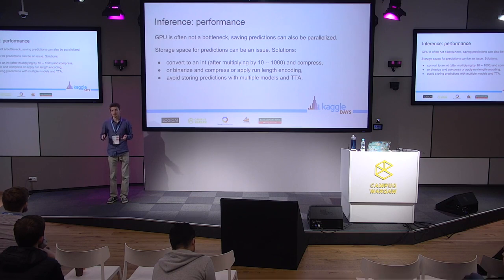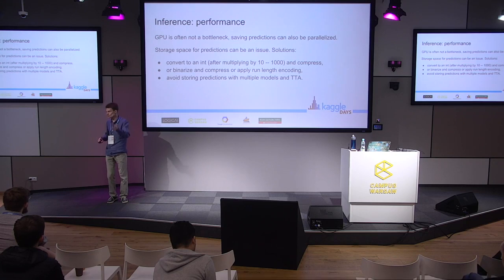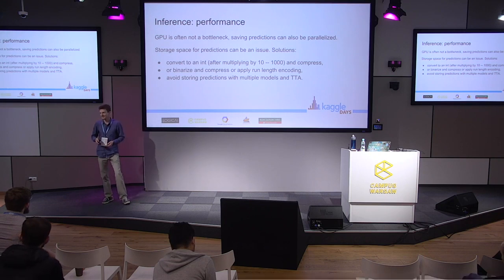And usually it compresses really well, because there are a lot of areas where this probability is the same, close to 0 or close to 1. So this allows you to save space, because otherwise it won't fit if the data set is very large.